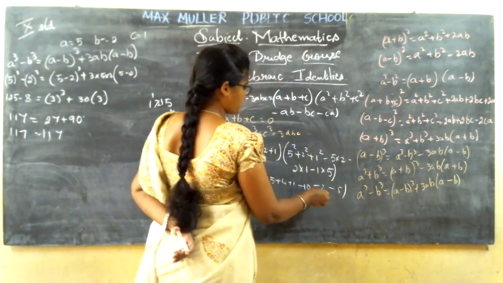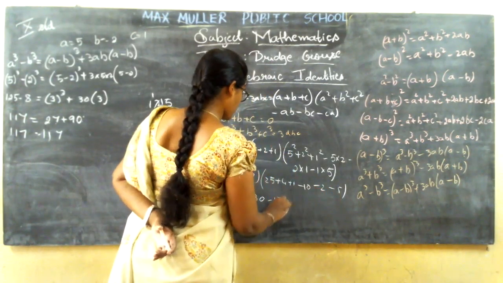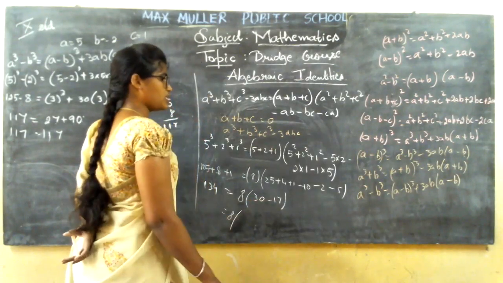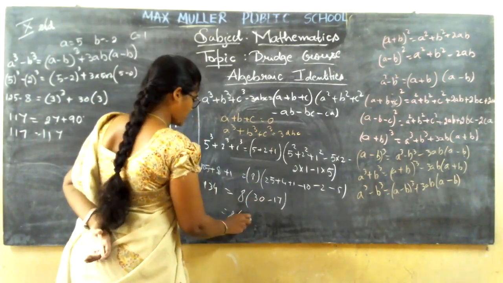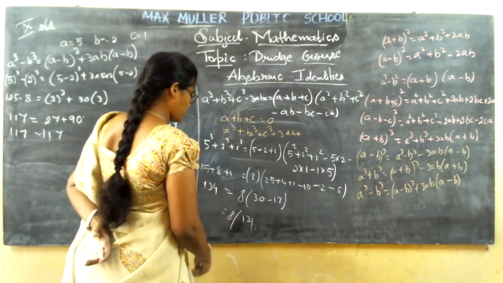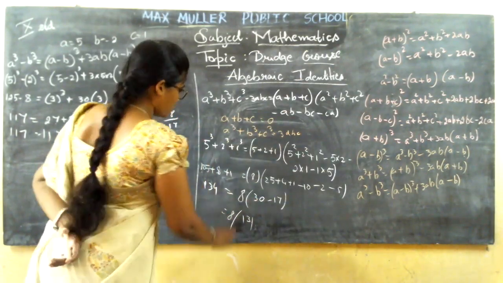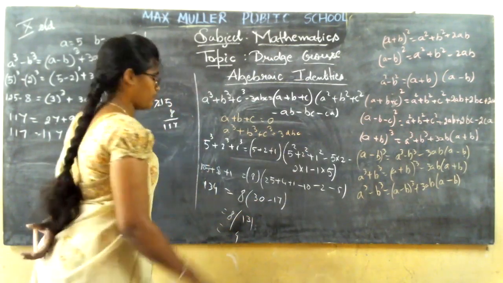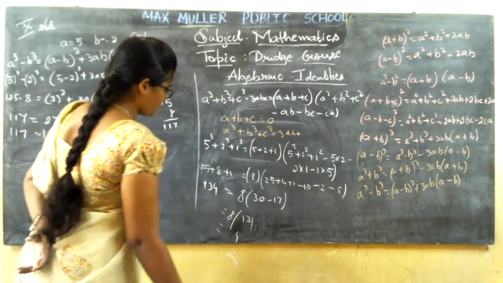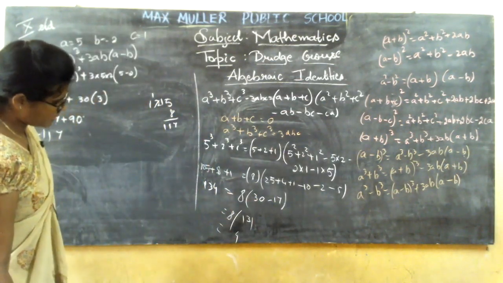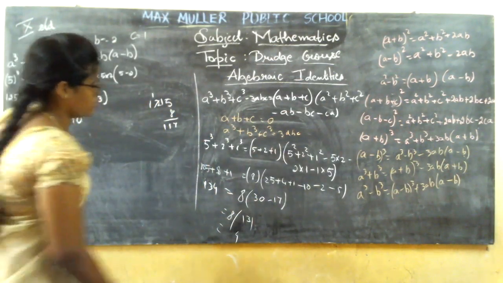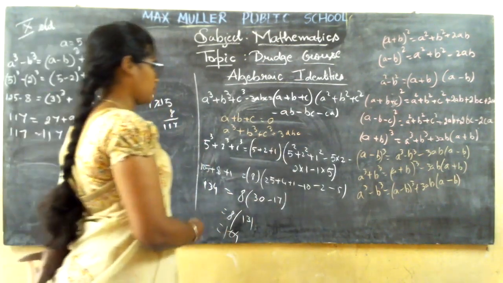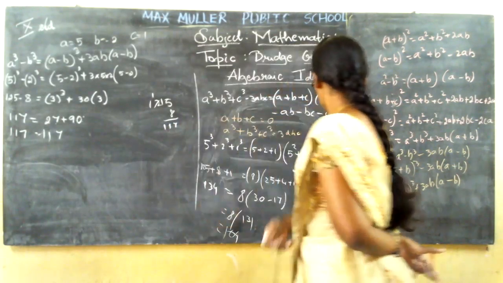Here 5 plus 2 is 7, 7 plus 10 is 17, which is equal to 8 into 30 minus 17. 7 3s are 21, 8 3s are 24, 2 carry, 8 1s are 8. You get 104? No. Something is wrong.